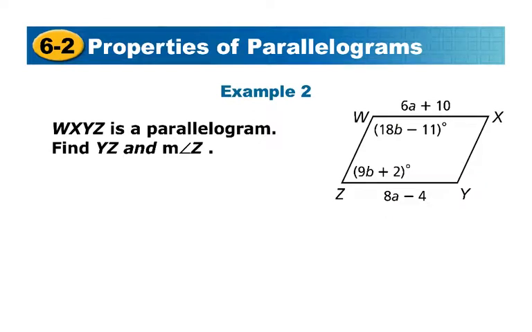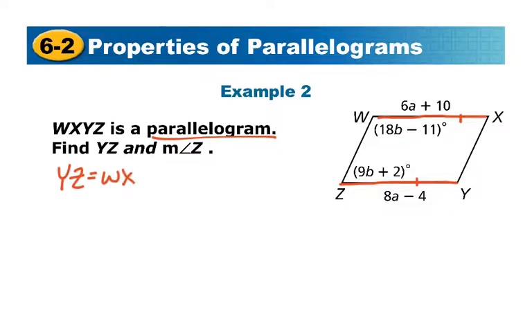Alright, next one here, again, it says it's a parallelogram, so we can use those 5 ideas. We are going to find YZ, and YZ is over here. Of course it's the same length and parallel to this one over here. Because it's the same length, we know that YZ equals WX.